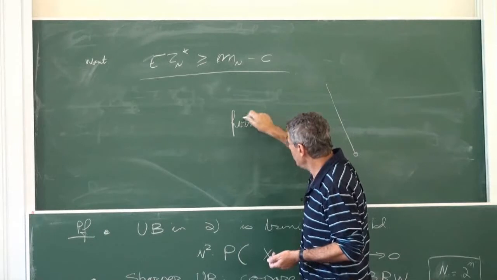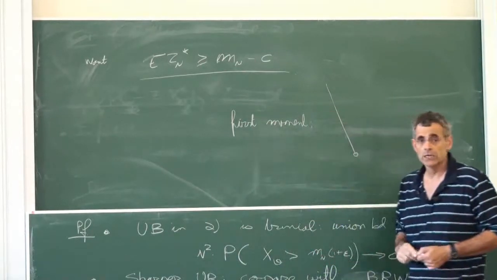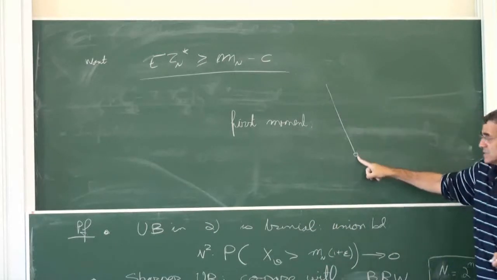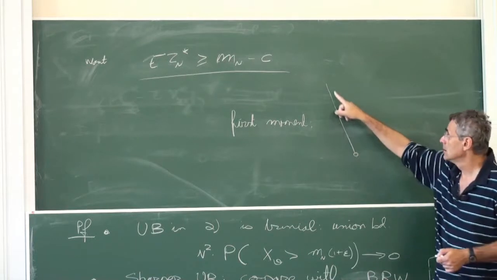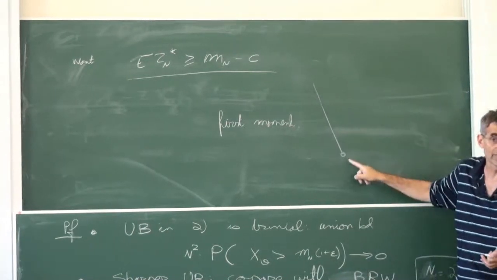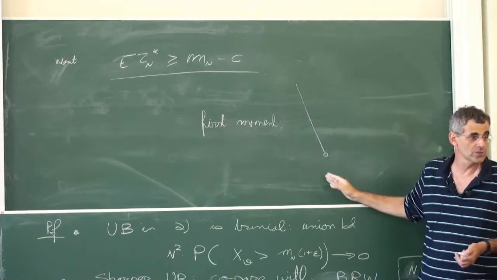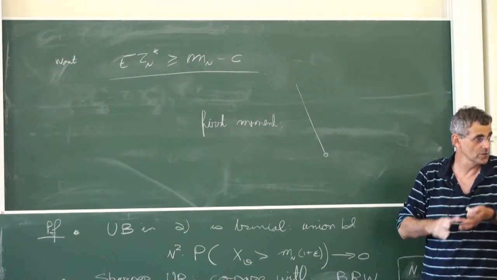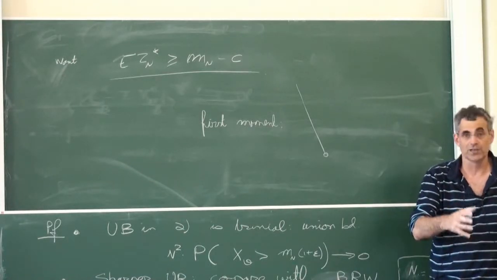So the first moment on the tree, what was it based on? It was based on looking at this ray and asking a particular event, namely the event that we are all the time below the straight line.